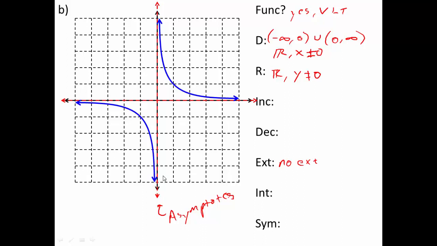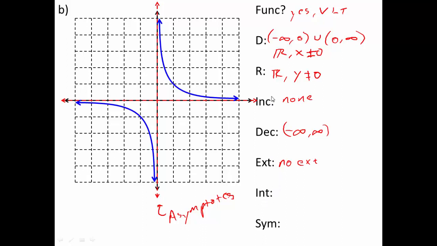Even when I skip over the asymptote and jump up here, I didn't technically increase to get up here. The graph just stopped existing and started existing, so I didn't actually do any increasing. I just started up at the top and I continue decreasing. So at any point in this graph, it is always decreasing. So it decreases from negative infinity to positive infinity, and it never increases.